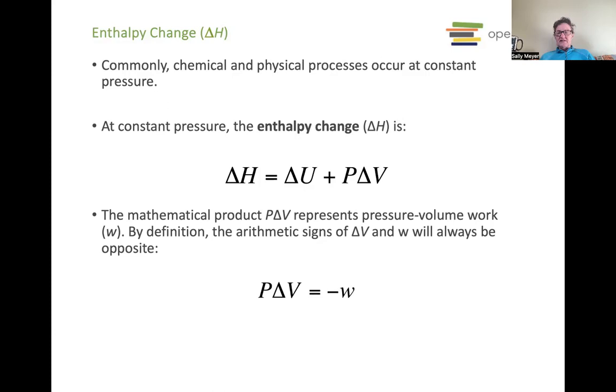So a change in enthalpy at constant pressure would be equal to a change in internal energy plus P times delta V. The product P times delta V is a measure of work. By definition, P times delta V is the negative of work.